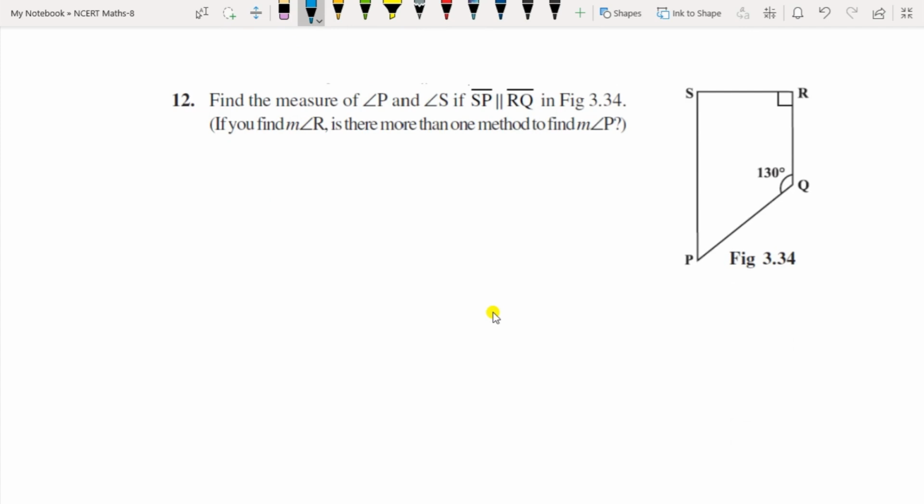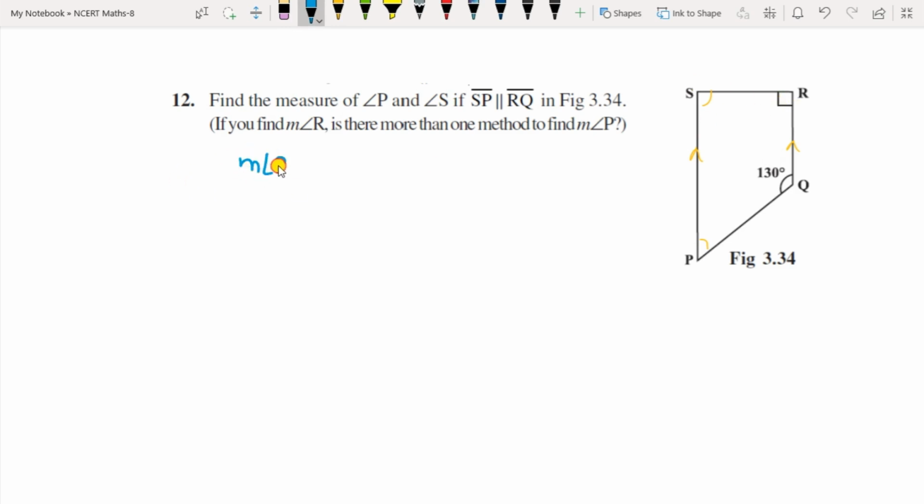Find the measure of R and measure of P and S. You want to find the measure of P and S if SP is parallel to RQ here. If you find measure angle R, then there is more than one method to find P. So now here you can see measure angle R, it is given as square.